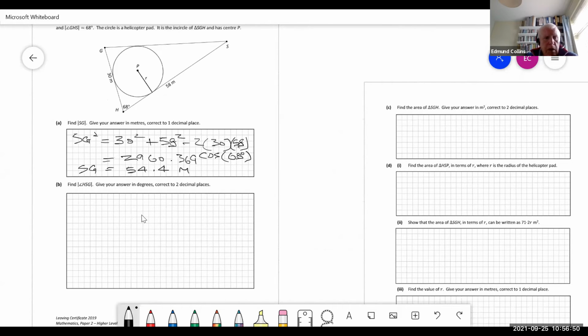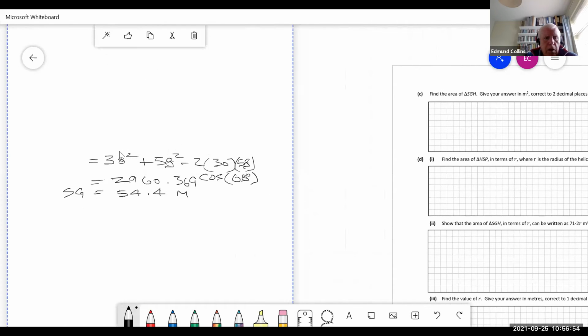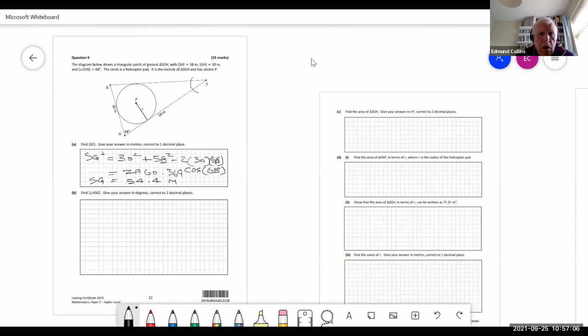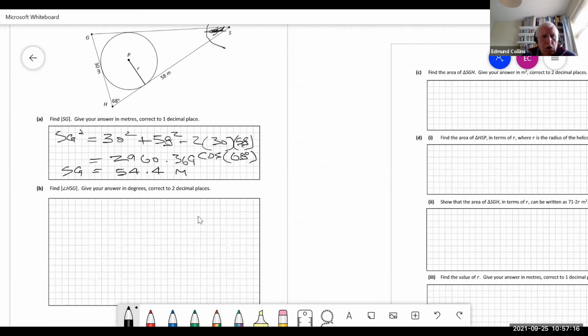And in this case here, they're looking for the angle HSG. So this angle in here we're looking for, but they wanted 2 decimal places in this case. So what can we do here?